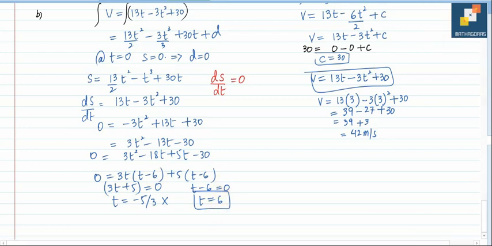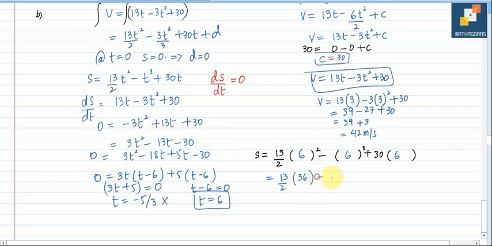So we have the expression for distance, 13 over 2 t squared minus t cubed plus 30t, and the value of t we have is 6. Now we need to simplify. So it's 13 divided by 2 times 6 squared, which is 36, minus 216 plus 180.